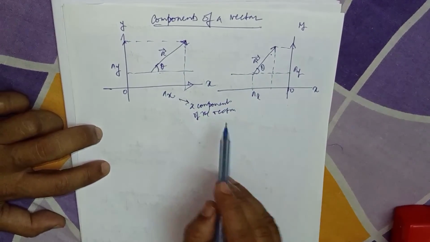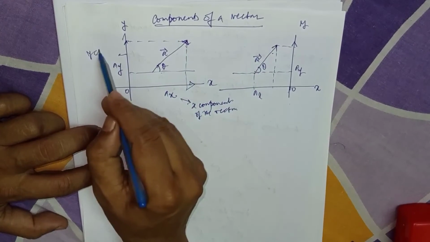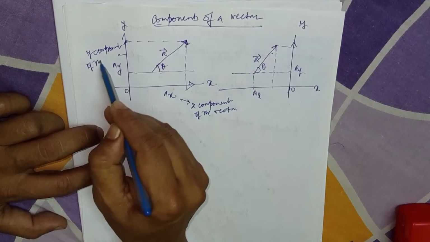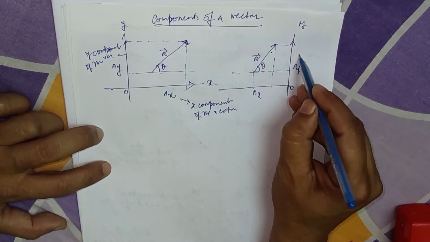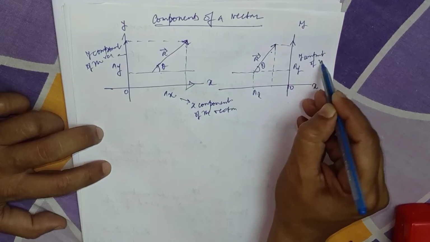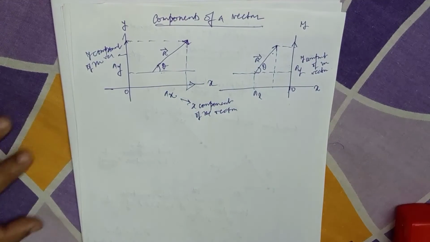Okay, so these are the x component vectors and this is the y component of the vector. This is the y component of the vector.